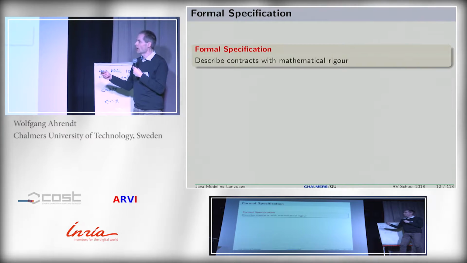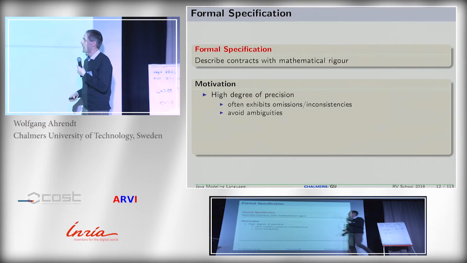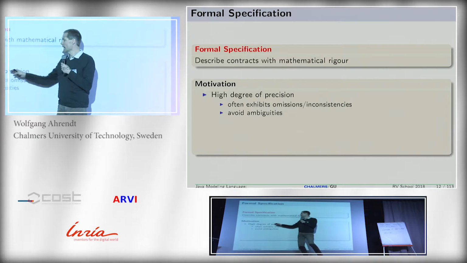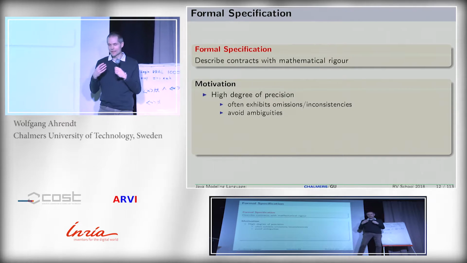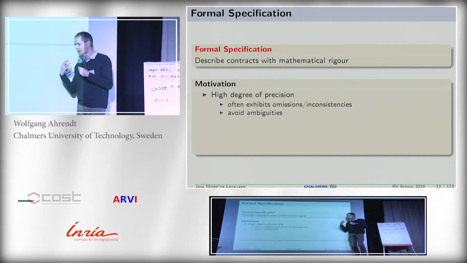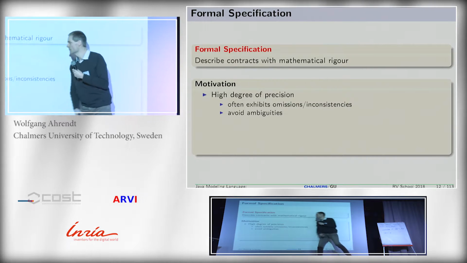Okay, so now formal specification describes contracts with mathematical rigor. And why do we do that? We get a higher level of precision. We often understand better what precisely we are doing, and avoid misunderstandings and ambiguities.